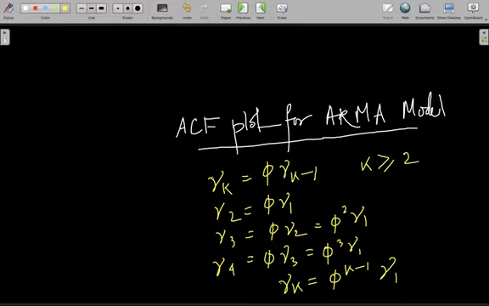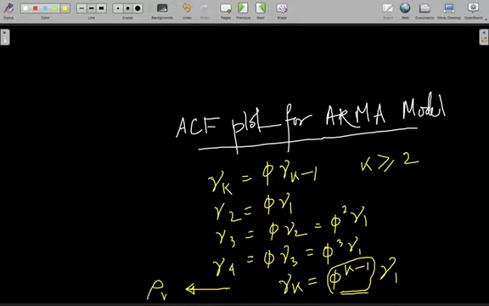Now, with this form, what you see is, since my phi is less than 1, for the successive terms of the covariance and the corresponding autocorrelation coefficient, which is rho, we are going to see a decline.